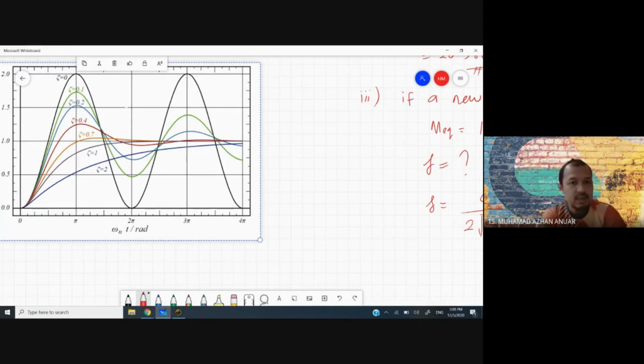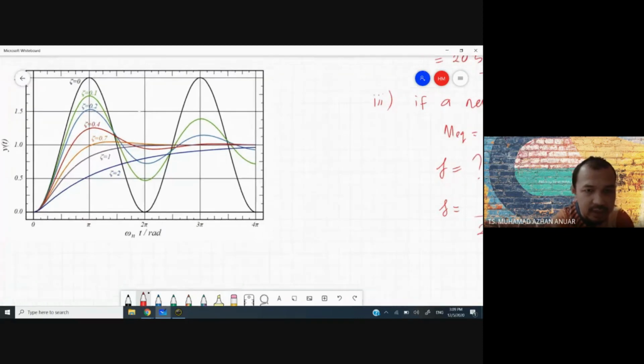The time to decay means the time to diminish or return back to the equilibrium position will be increased. The best is zeta equal to 1. That is the best damping value, where the system will return to equilibrium position the fastest.